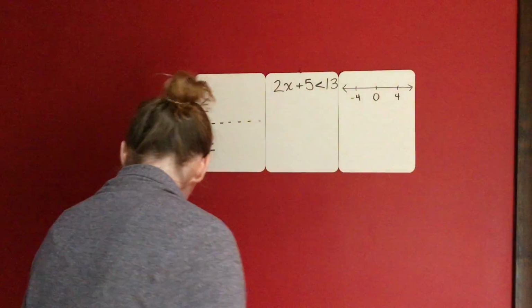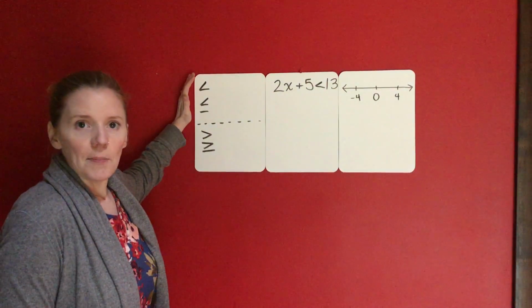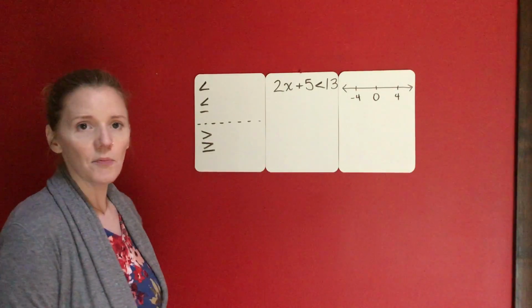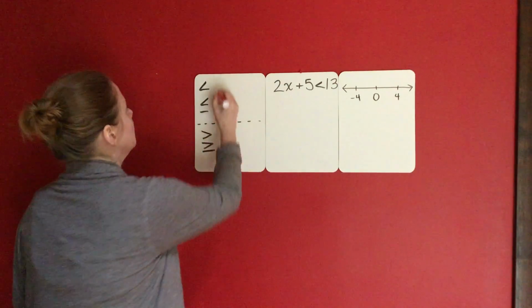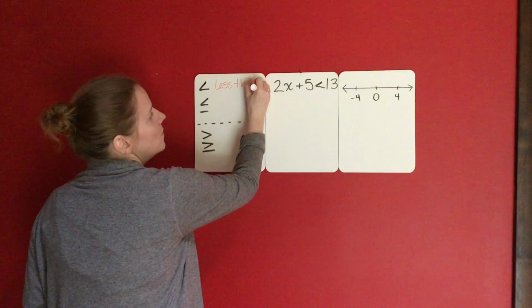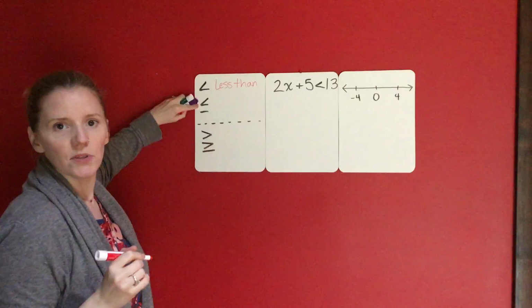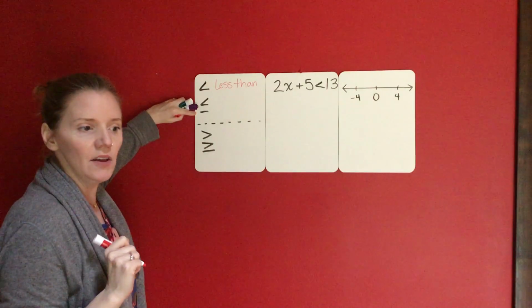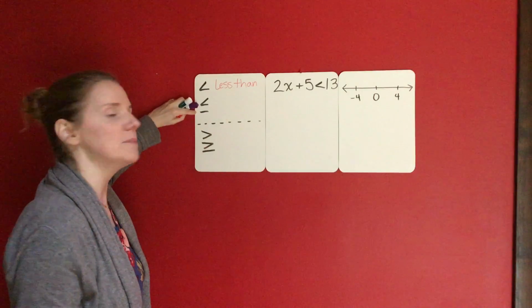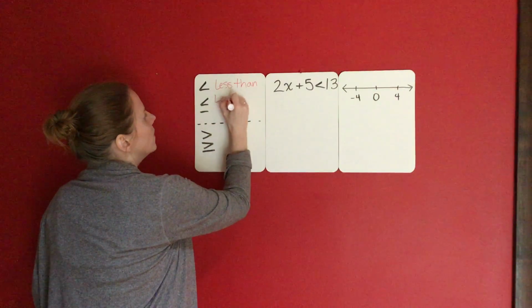Let's start with a quick review of our signs. At the top, we have these two signs. They are related. The top one says less than. The bottom one has the same symbol, and then it has that extra little line. Remember, that extra little line is half of an equal sign, so this one means less than or equal to.